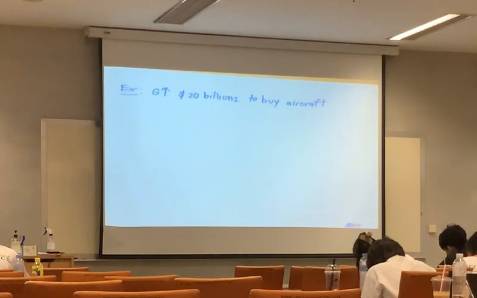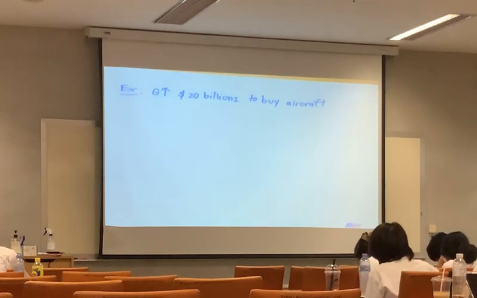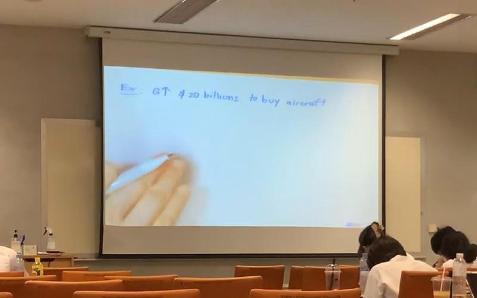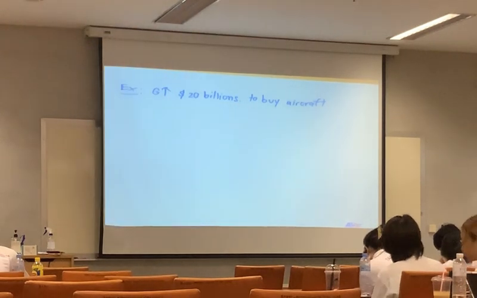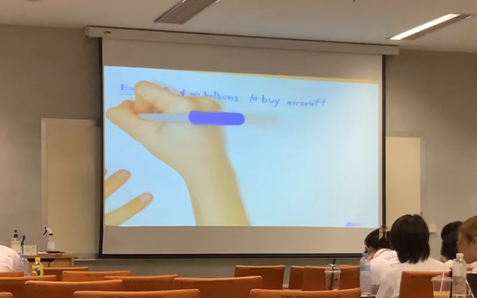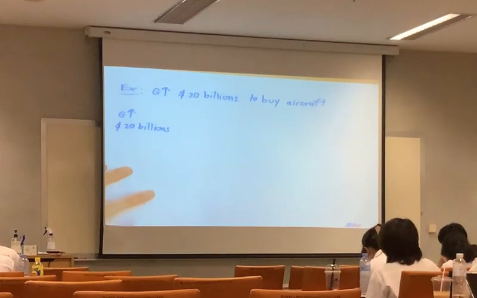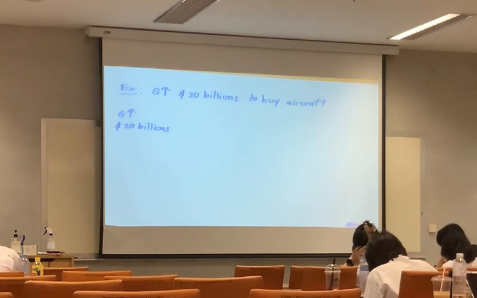Okay, suppose the government tries to increase government spending by purchasing an aircraft, maybe for military purposes, for example. So this one I explain multiplier effects, right? Not crowding out yet. When government spending increases by about 20 billion, what happened?